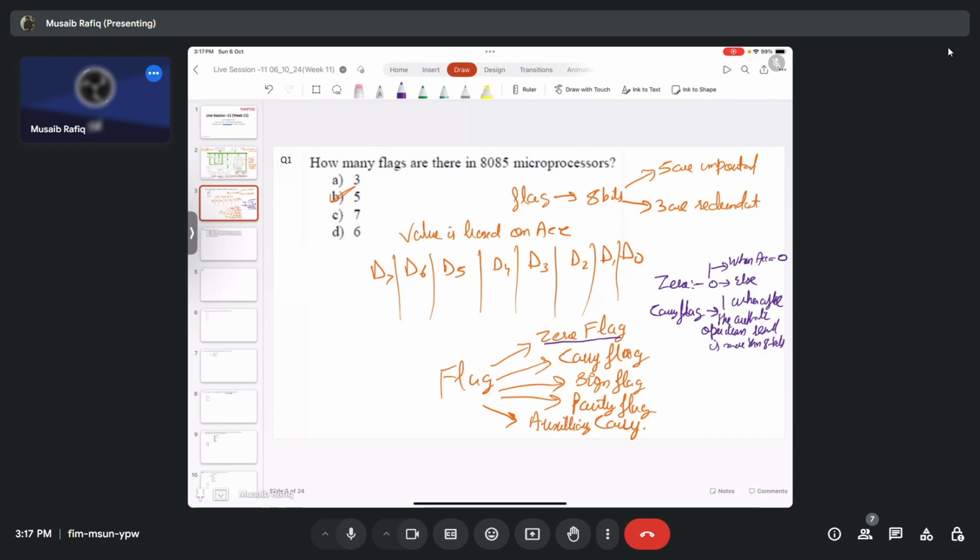Carry is 1, else carry is 0. So this was the carry flag. Now the sign flag. Can anyone tell me when the sign flag is 1?